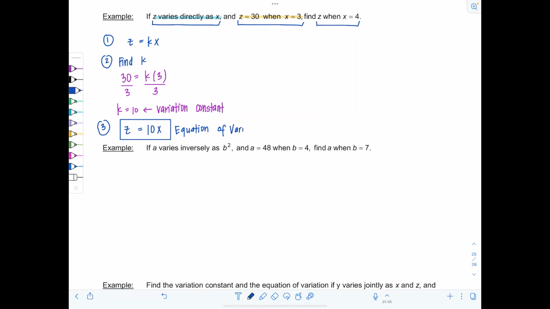And sometimes that's all you need to do. But look, they were especially demanding in this problem. And the last thing they asked us to do is find z when x equals 4. Okay, no problem, because now I've got my equation of variation. So I need to find z when x is 4. So z equals 10 times x, so 10 times 4. So z equals 40.